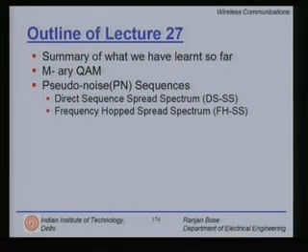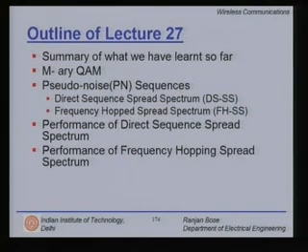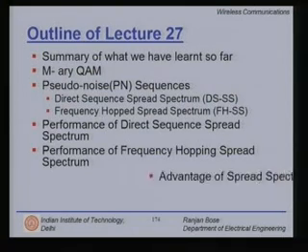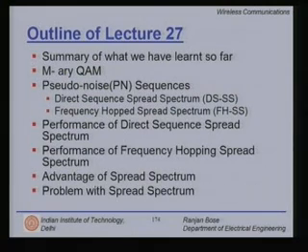Then we will look at frequency hopped spread spectrum or FHSS. We will then evaluate the performance of direct sequence spread spectrum, followed by that of frequency hopped spread spectrum. We will look at the advantages and disadvantages of spread spectrum systems. So, this is the outline for today's talk.